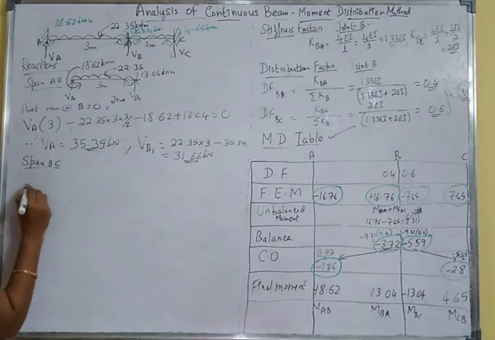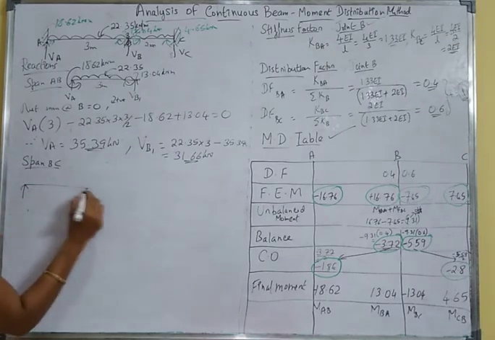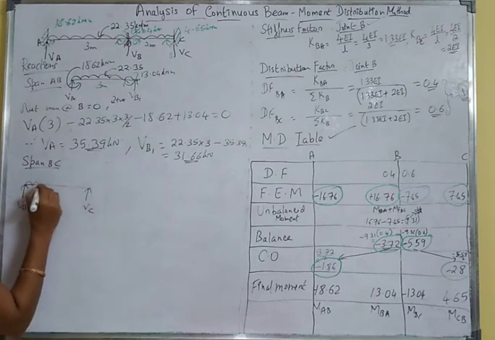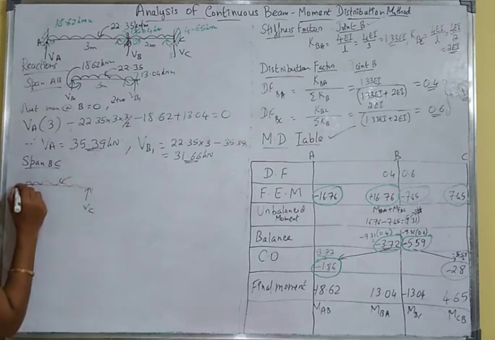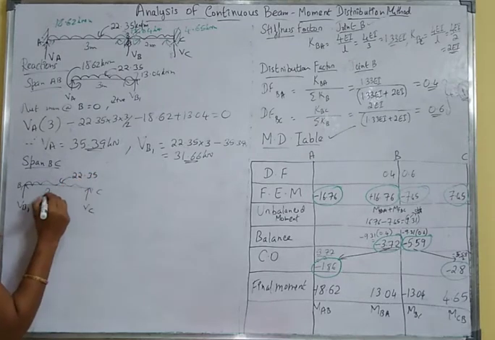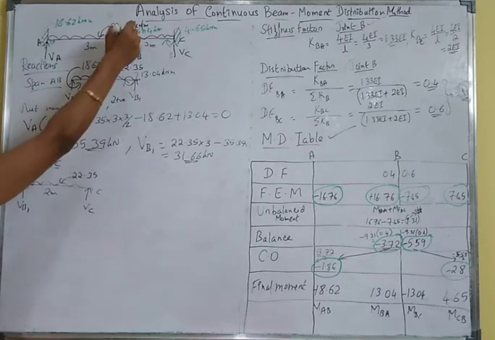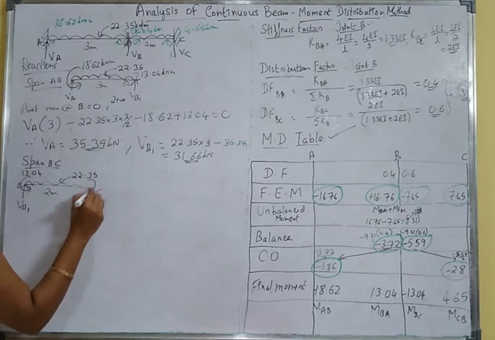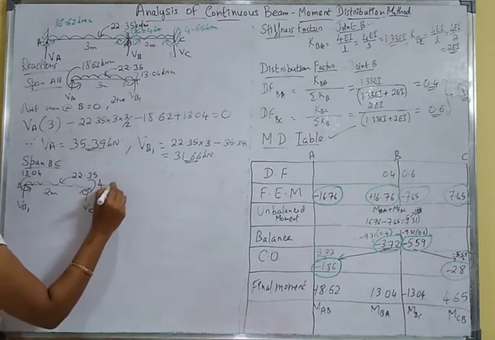Now consider span BC. This is BB1 and this is BC. B and C. 22.35. Here it is 2 meter, and the moment you will have here anti-clockwise, and this is clockwise, 4.65.